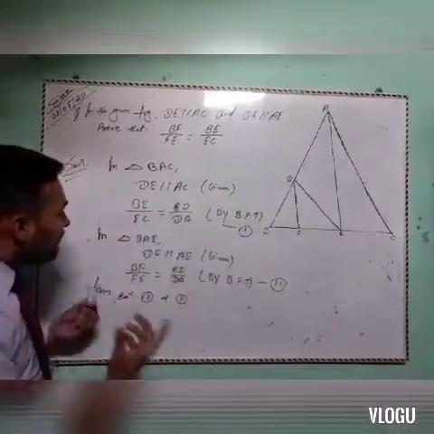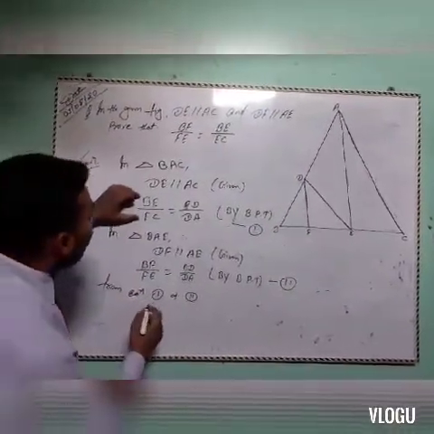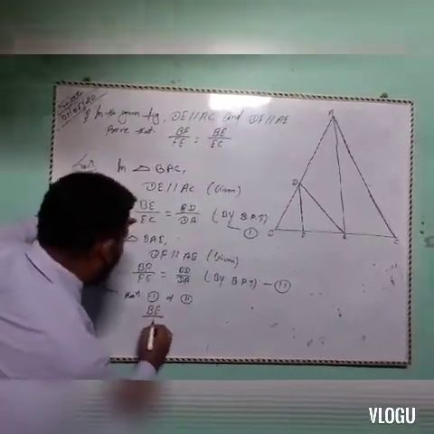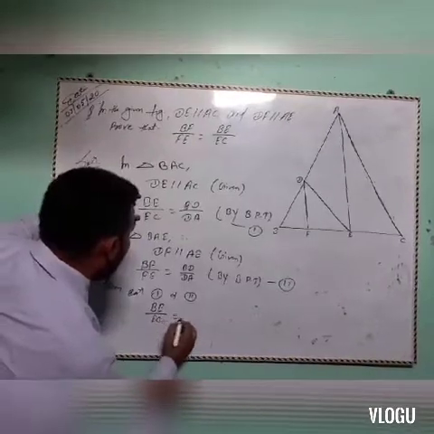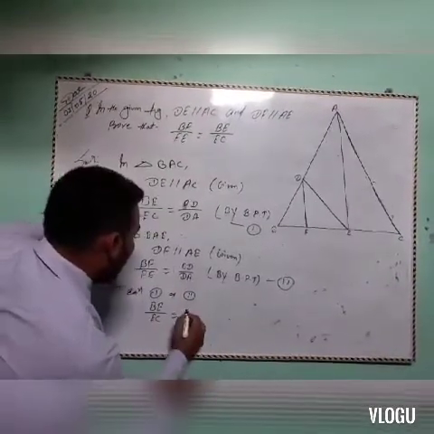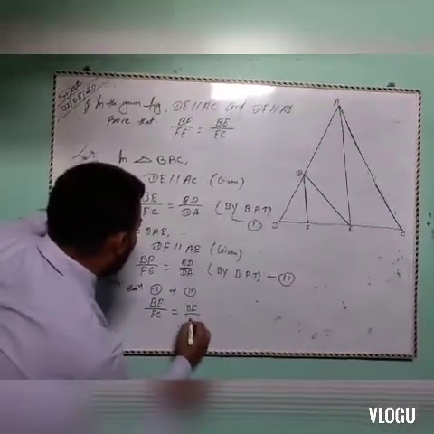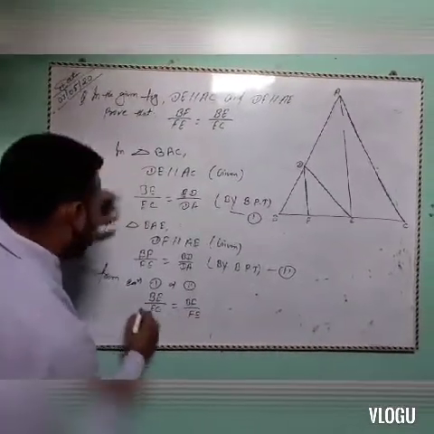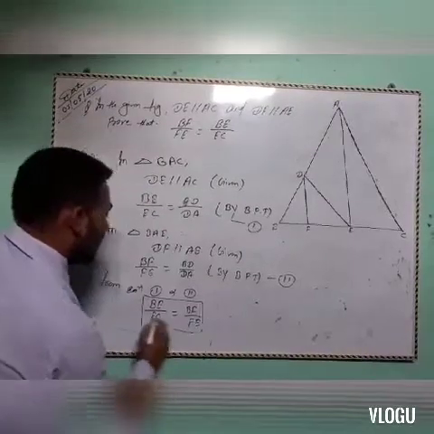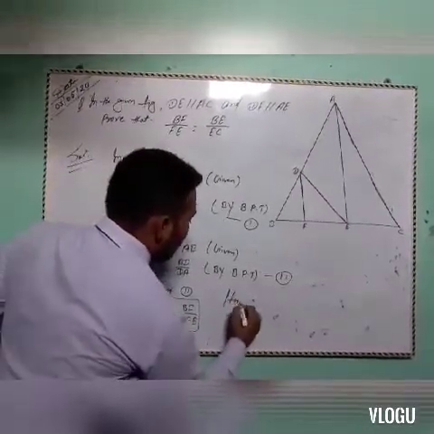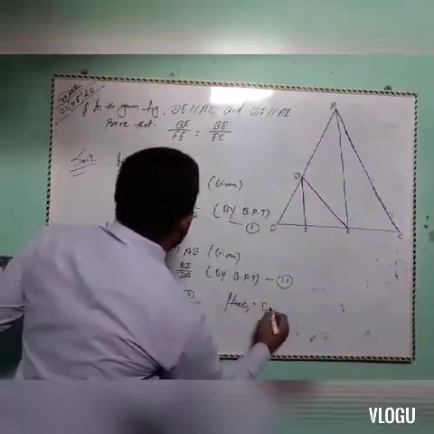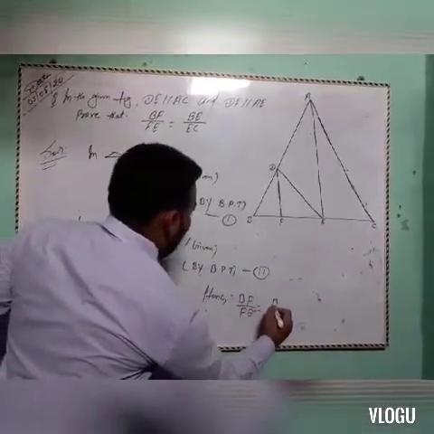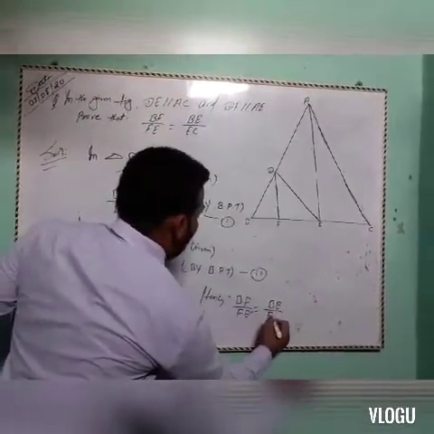So then we say that BE by EC equals BF by FE. Hence we say that BF by FE equals BE by EC.